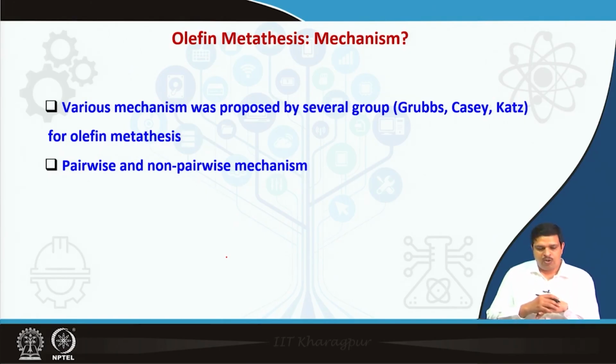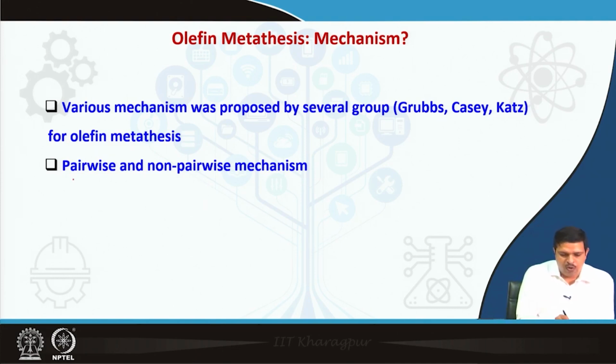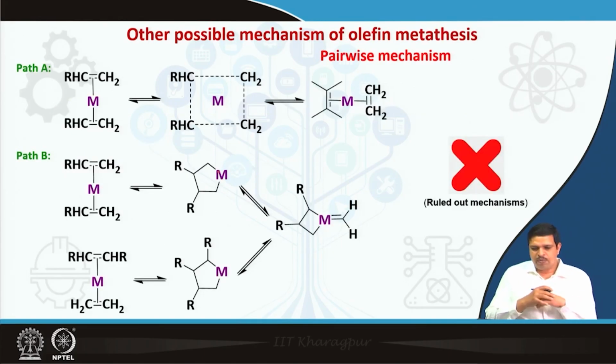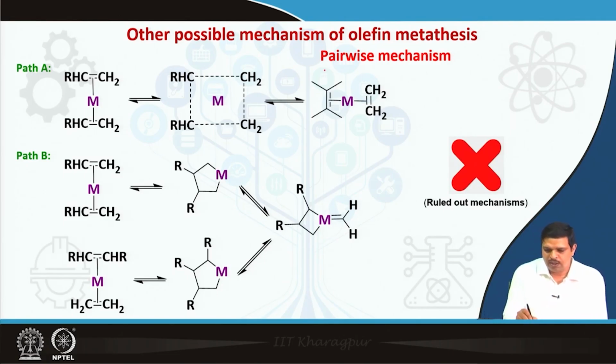Among them, two mechanisms, the pairwise and non-pairwise, were reported, and it was proposed that the reaction may happen through these two main ways. In the last class, I very briefly mentioned the pairwise and non-pairwise. Today we will discuss them in more depth. Let's first discuss the pairwise. So what is pairwise?